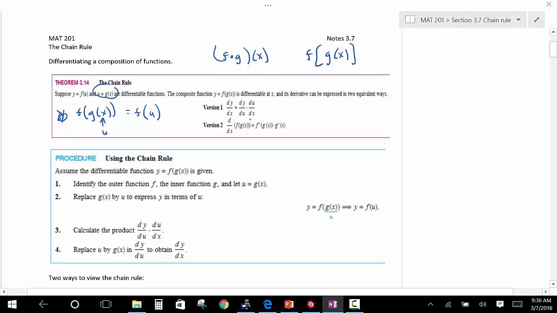This probably won't make much sense until I go through specific examples, because we're going to look at two versions of this. We're going to look at this Leibniz notational system and more of this type of situation. If you're taking a derivative of a composition of functions like this, you take the derivative of the whole thing, and then you multiply by the derivative of what's inside, which would be that second function g of x.